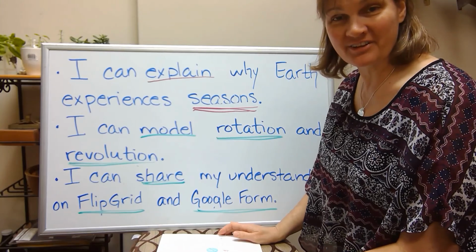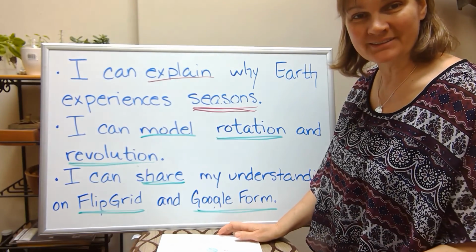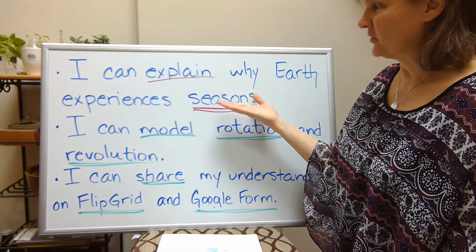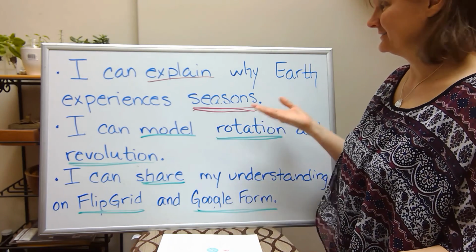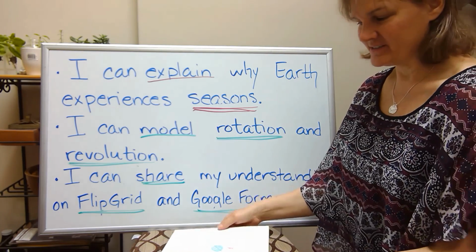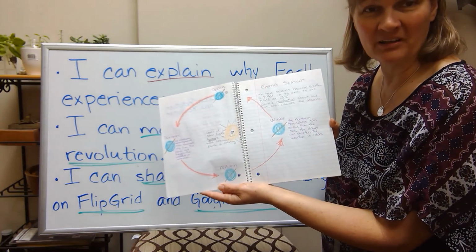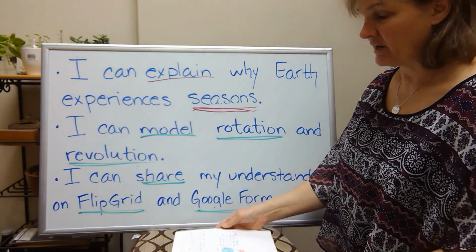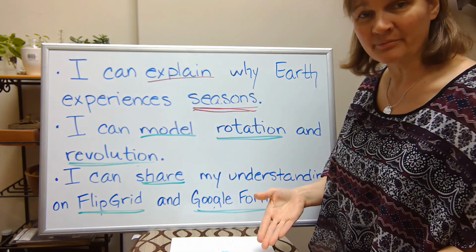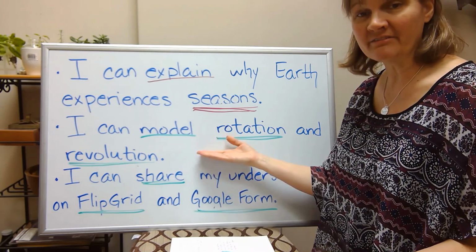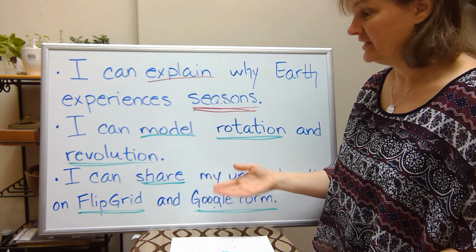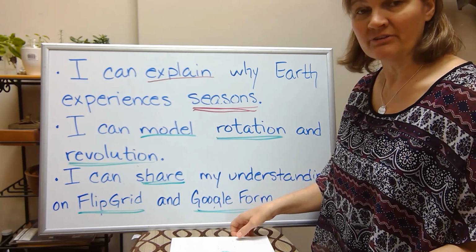So let's revisit our I can statements. So at home, you can explain why Earth experiences seasons, and you have the notes all about it. Now, I'm not asking you to share this with me today, okay? I am asking you, though, if you have not done this already, that you should model rotation and revolution.